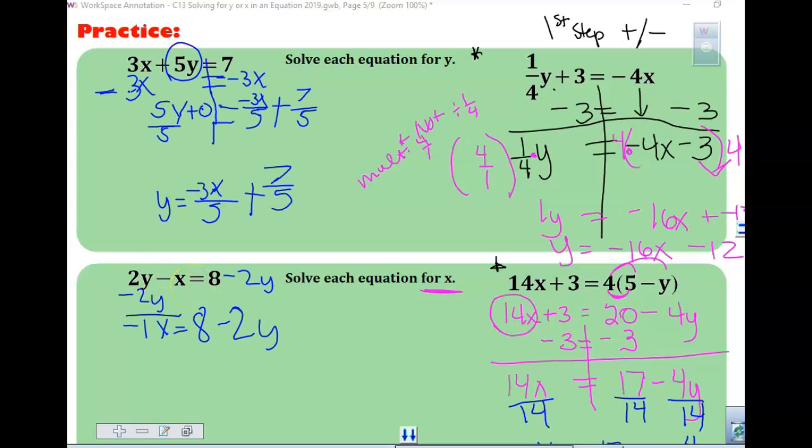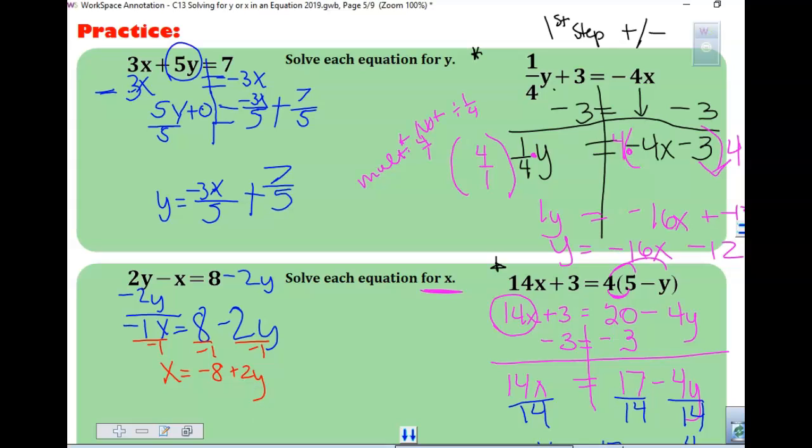Much what negative x equals. So when you're showing your work, what's the opposite of multiplying by negative 1? We would have to do one last step here and divide everything by negative 1. And my answer would be x equals negative 8. Negative divided by negative is plus 2y.